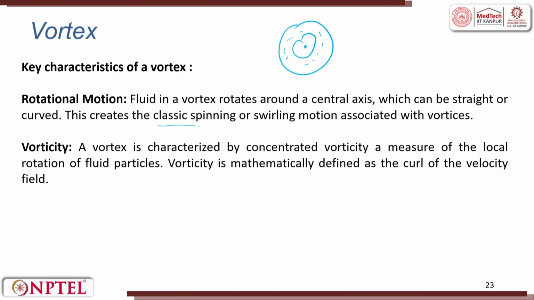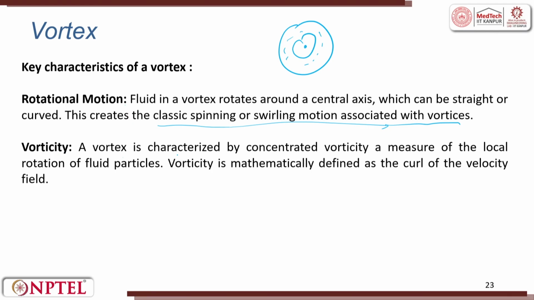It creates the classic spinning or swirling motion associated with vortices. People sometimes smoke and then release the smoke with proper pressure and an instant opening. They will see spirals getting formed while smoking. So, that is a vortex. About an axis it rotates.